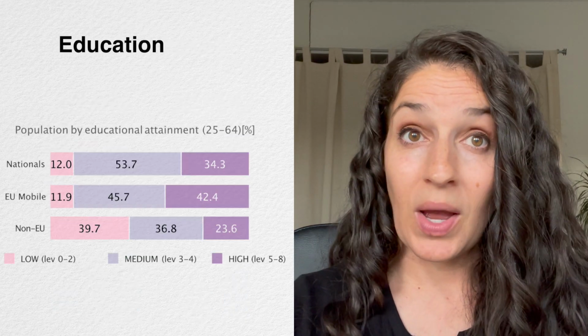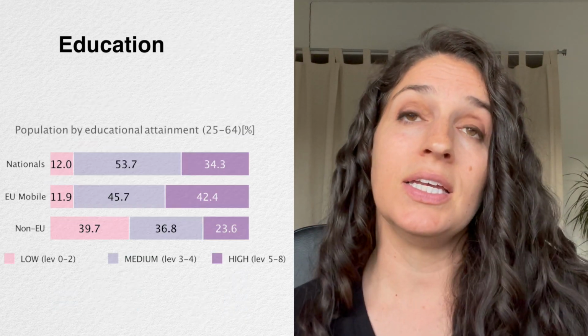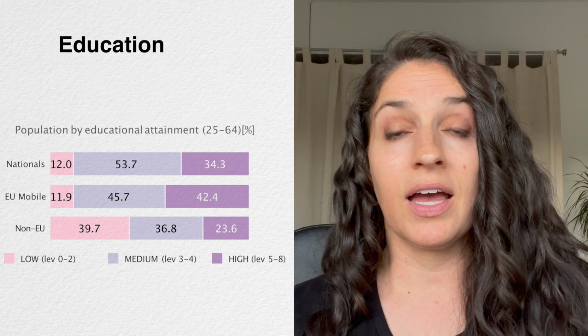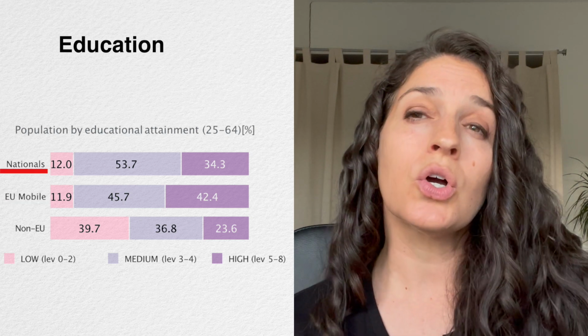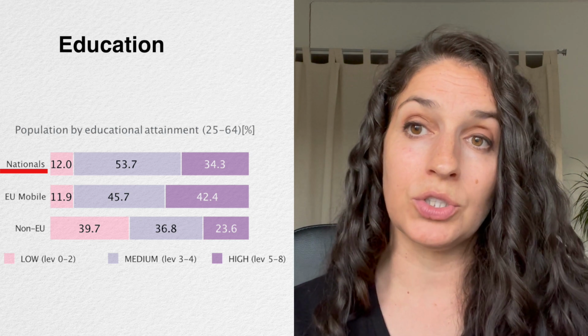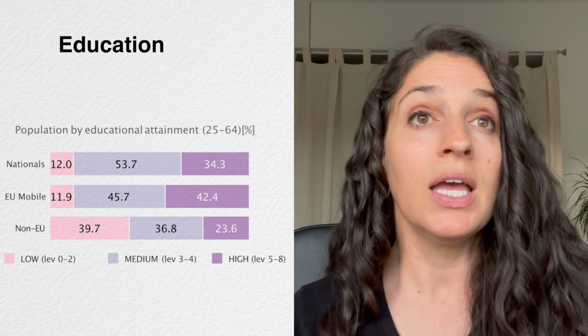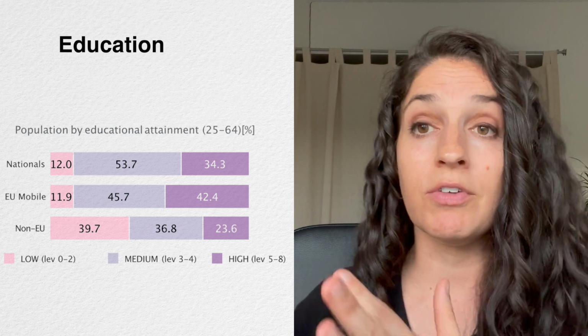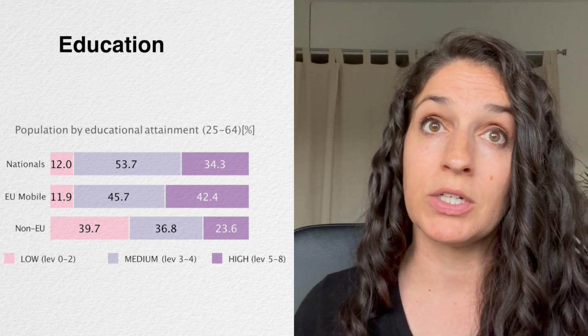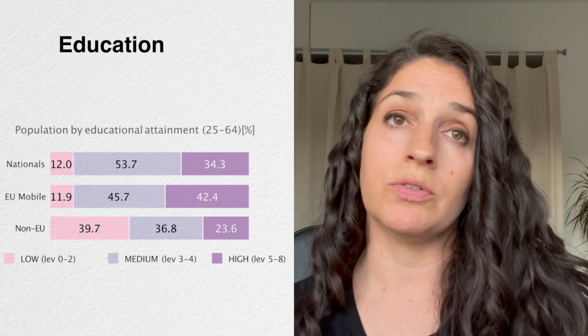Now, if we turn to education, what we can see here is that EU nationals and nationals of Austria look quite similar with regard to their education levels. I would say EU nationals just have slightly higher education in the very high end of the education spectrum, but they don't look so different.